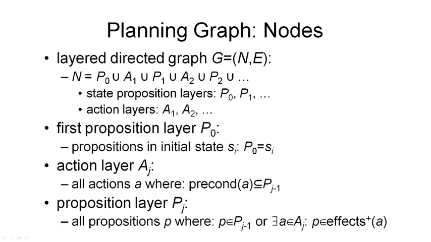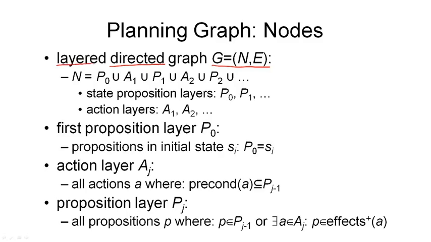I will now describe to you the planning graph, which is the fundamental data structure maintained by the graph plan algorithm. And I will start by describing what nodes are contained in this graph. So the planning graph is a layered directed graph, G, consisting of nodes and edges. And that means the edges are directed so they go from one node to another, only unidirectional.